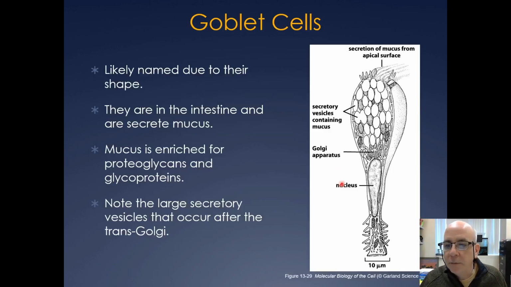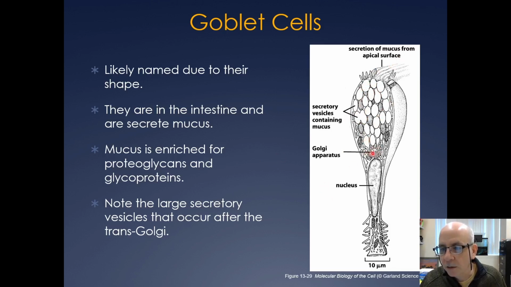Here's sort of a famous secreting cell. It's the goblet cell, sort of shaped because it looks a little bit like a goblet. And these are in the intestine, and they're involved in sort of secreting mucus, proteoglycans and stuff like that, glycoproteins, and you have these huge secreted vesicles that secrete mucus from the apical surface of the cell.